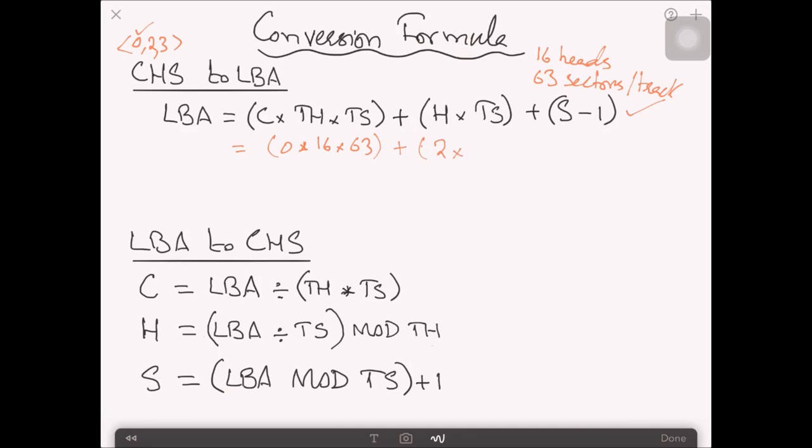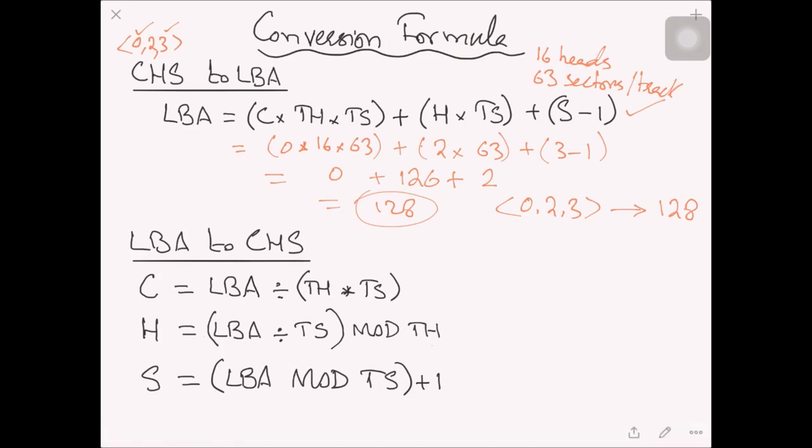Total number of sectors, we have 63, plus the sector, which is 3, again 3 minus 1. This is calculated to be 0 plus 126 plus 2, and this is 128. So that means the 0-2-3 CHS address maps to LBA 128.